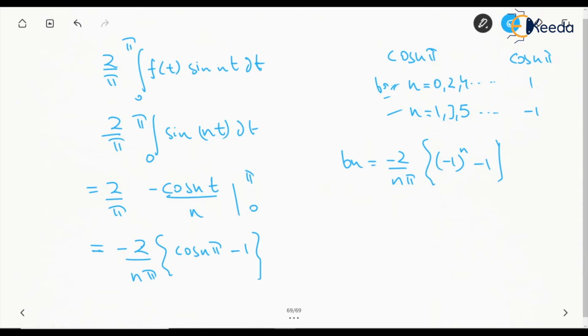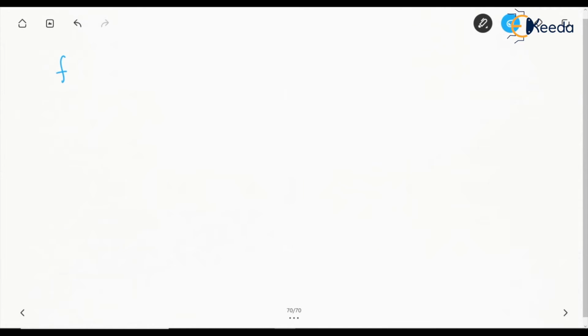That means this f of t, let's move to the next page. This f of t will become sum of minus 2 by n pi into minus 1 to the power of n minus 1.